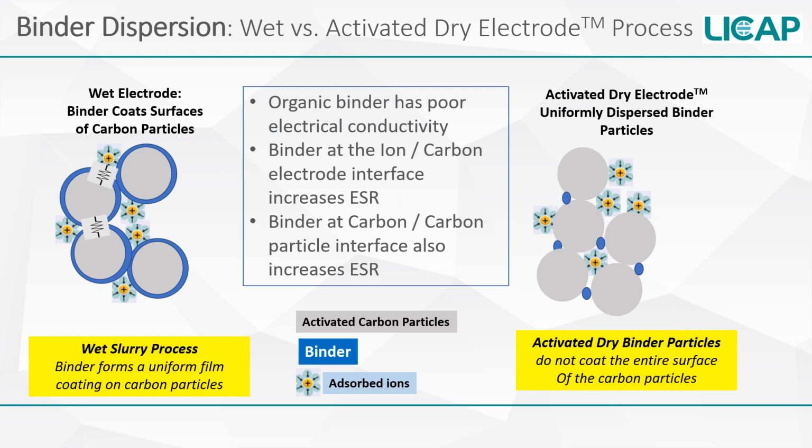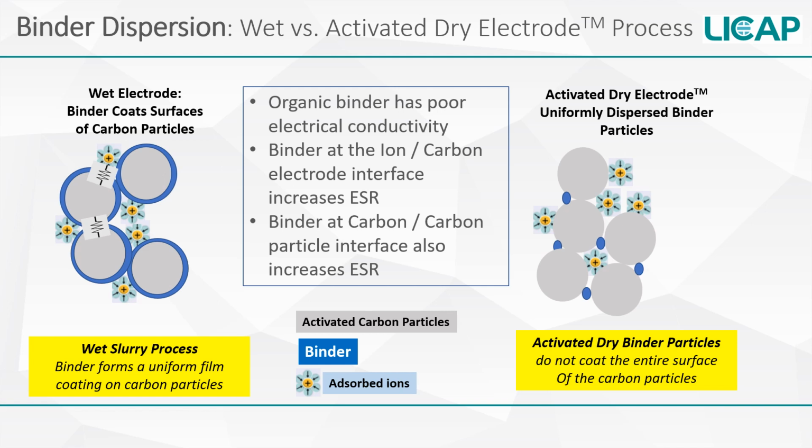Now let's look at binder dispersion. In a wet electrode, the organic binder is fully dissolved in an organic solvent. During mixing, the binder solution attempts to fully wet the individual carbon particles. Upon drying, a semi-continuous film is created, coating most of the surface of the individual carbon particles, and the binder film essentially sticks to itself, forming the electrode.